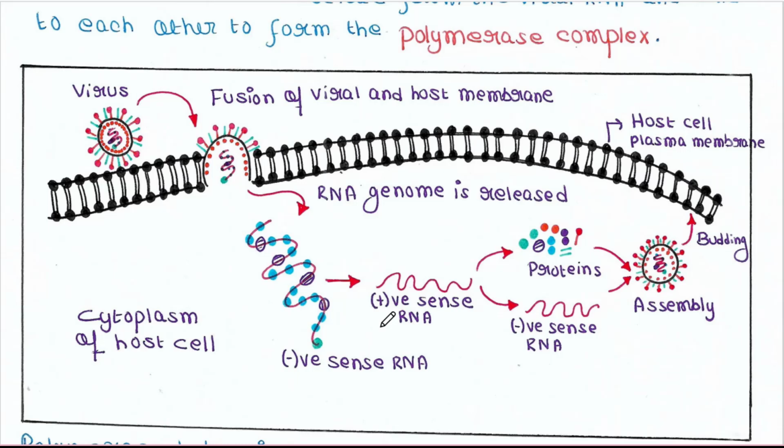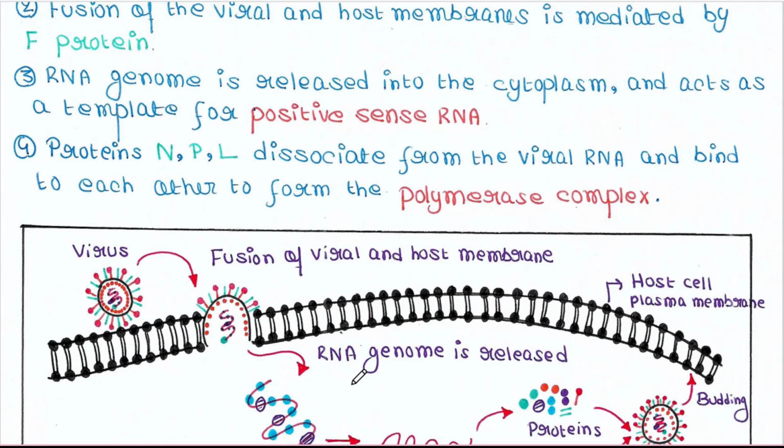I have already said that negative sense RNA is incapable of making proteins. Hence, it should be converted into positive sense RNA. And these two are complementary to each other. So how does it occur?